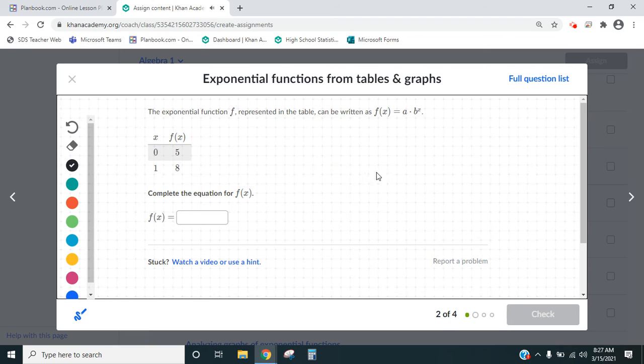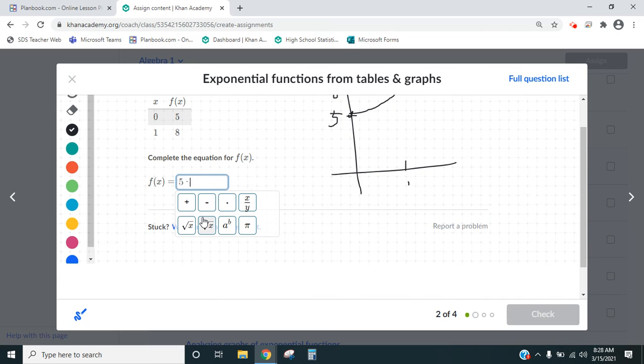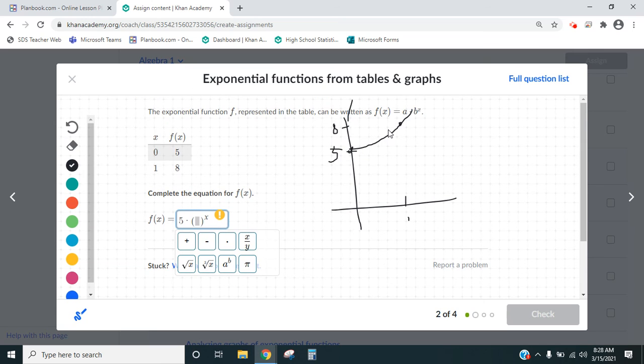Let's do one more. The starting point is 5. The next point is at 8. Oh, well, that's weird. What did they multiply by?